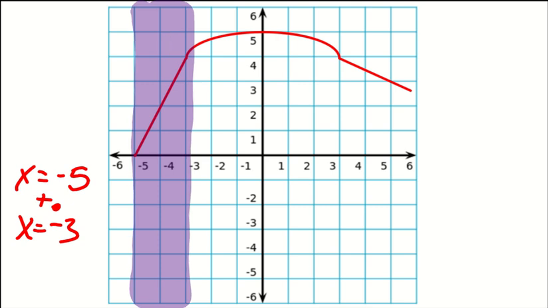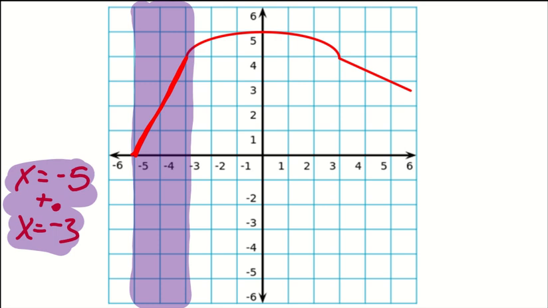That's -5 to -3. All right? Everybody good with how I got that section? So we need to be able to describe the graph, the red line, in that section. Is the red line linear or nonlinear? Linear. It's going in a straight line. You can look right here, it's going from here up to here. That's a straight line, isn't it? So that means it's linear.